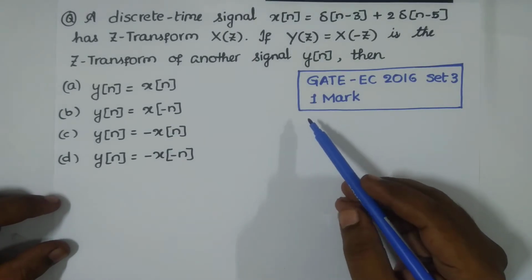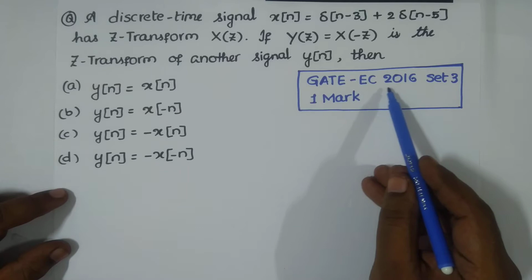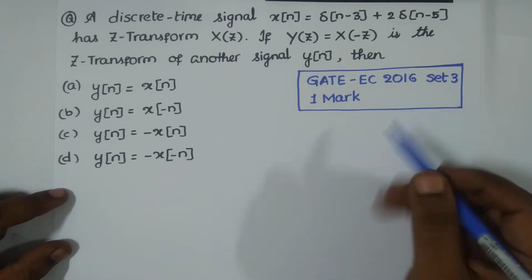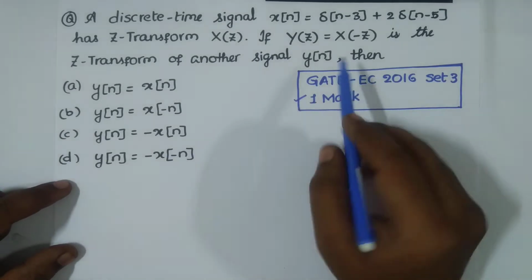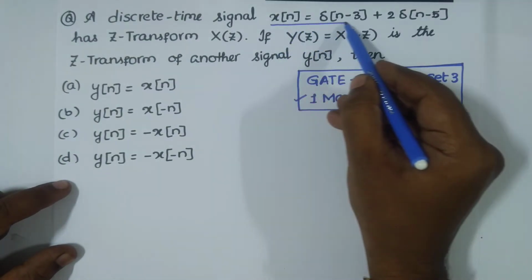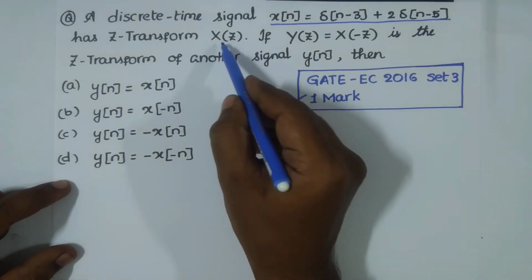Here we have another interesting question from Z transform asked in GATE ECE 2016 Set 3 for 1 mark, just for 1 mark. You see, the discrete time signal x of n equal to delta n minus 3 plus 2 delta n minus 5 has Z transform X of z.